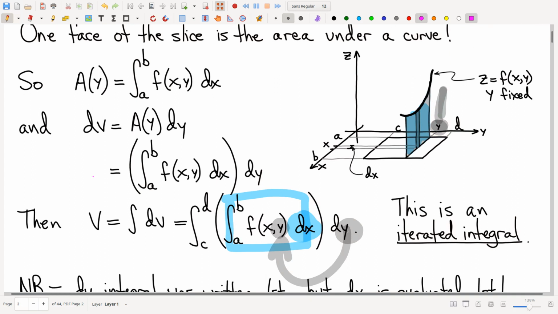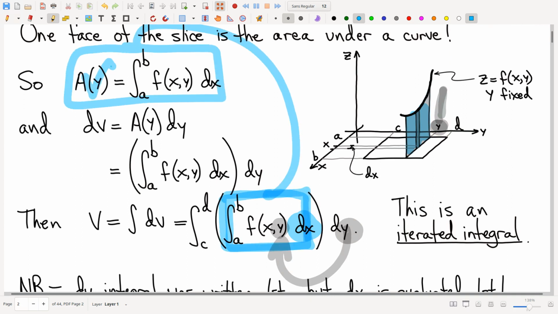That inside integral, just as a reminder, is telling you cross-sectional area as a function of y. It's supposed to depend on y. How much that cross-sectional area is depends on what value of y you take that slice.